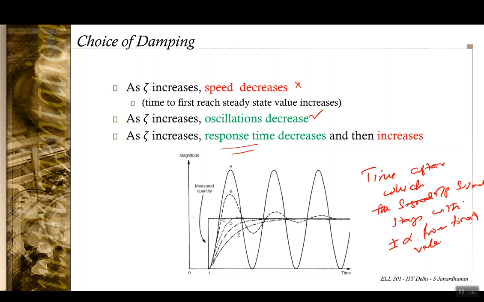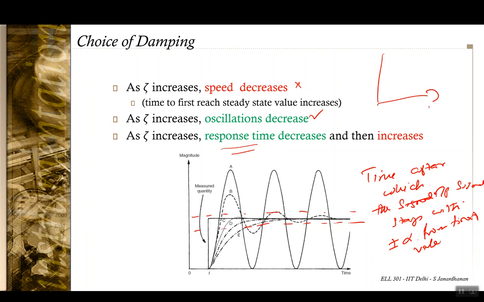So if you draw a small bound around this final value, and you see the time after which it stays within this bound, you would see that as the damping ratio increases, since the response becomes more tight and the oscillation gets damped more, the response time will decrease initially.